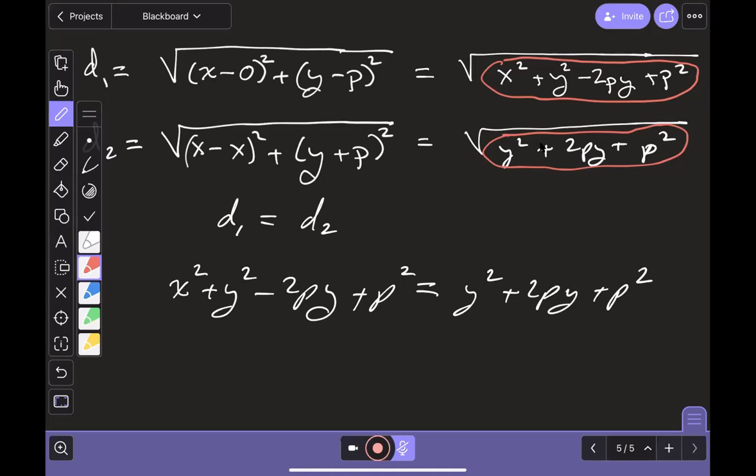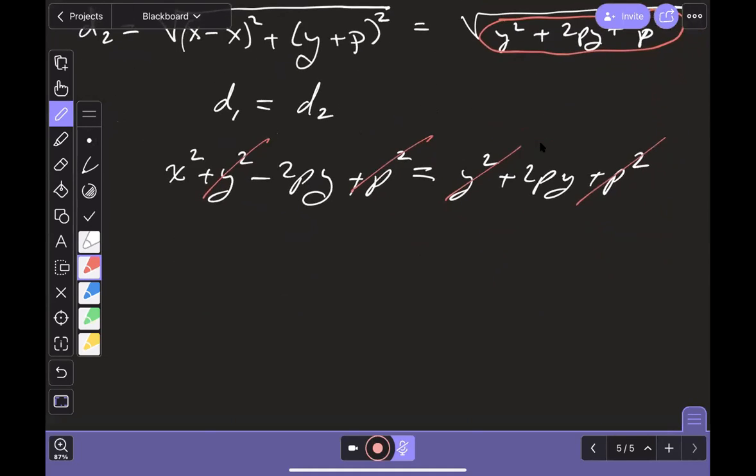I'm going to subtract p squared from both sides. I'm glad that disappeared. I'm going to subtract y squared from both sides. I'm glad that disappeared. And what would you end up with in the end? Something fairly simple. You end up with x squared equals 4py.